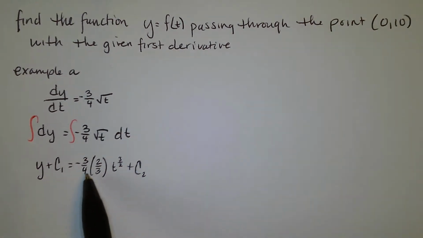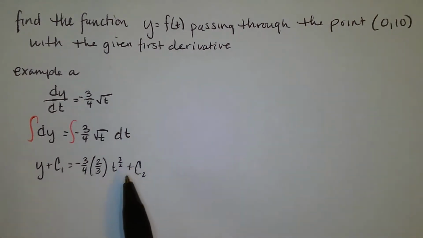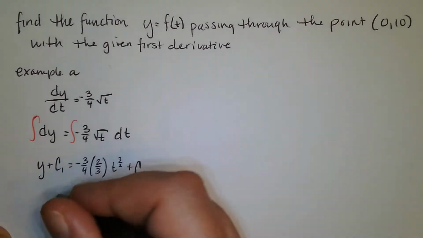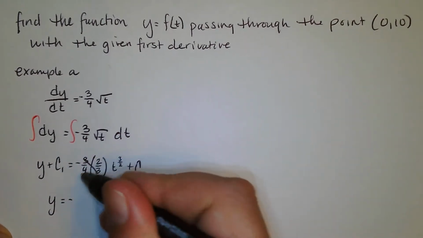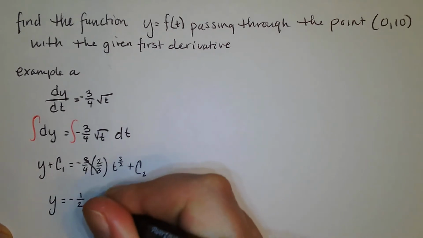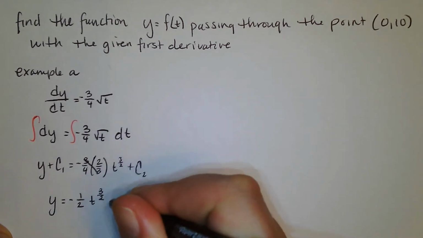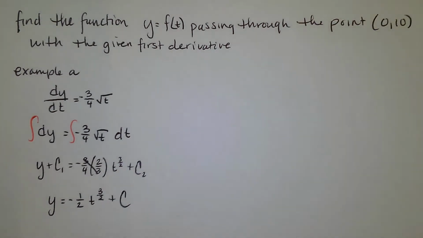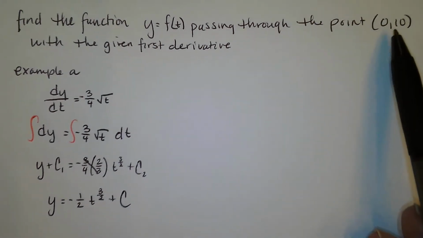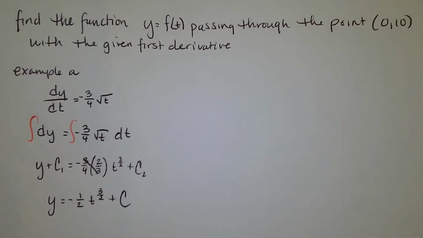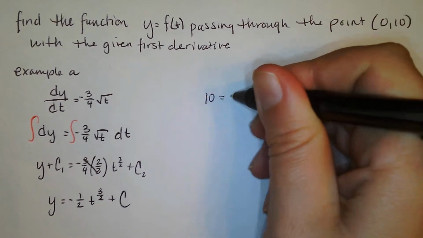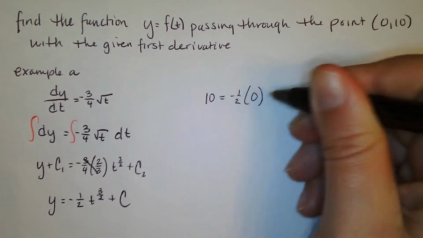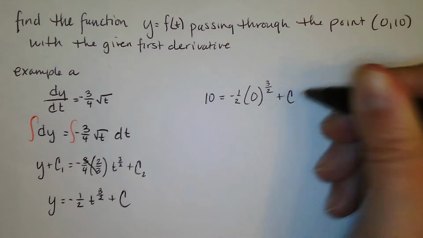All right, I'm going to combine these, and I'm also going to combine the two constants over to one side. So I'm going to have y equals negative, 3's cancel out, 2 over 4 is negative 1/2, t to the 3/2 power plus c. Given the initial condition of (0, 10), I'm going to plug that in and get a value for c. So let's do that over here. 10 for y is equal to negative 1/2, 0 to the 3/2 power plus c.